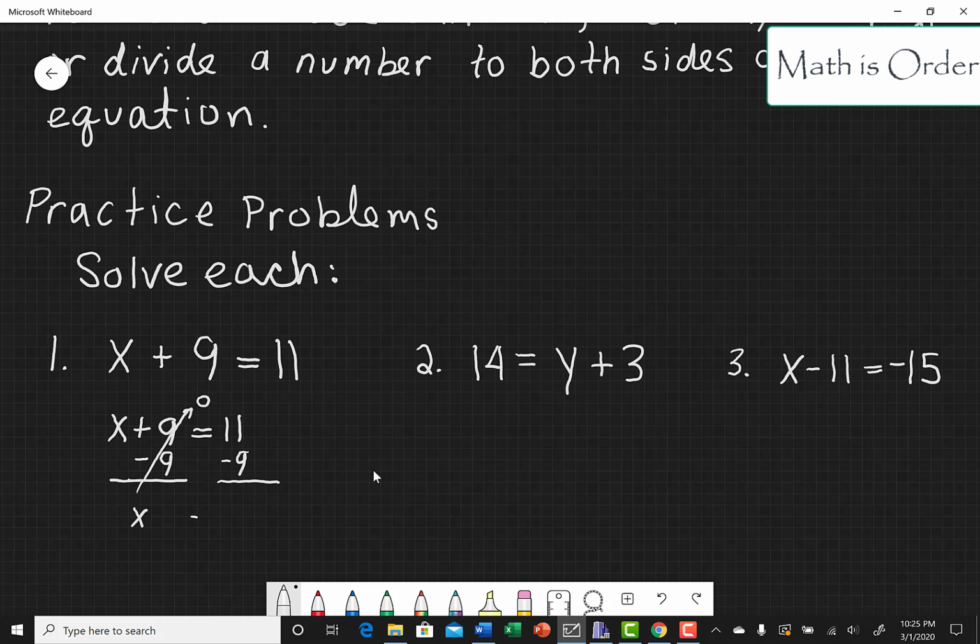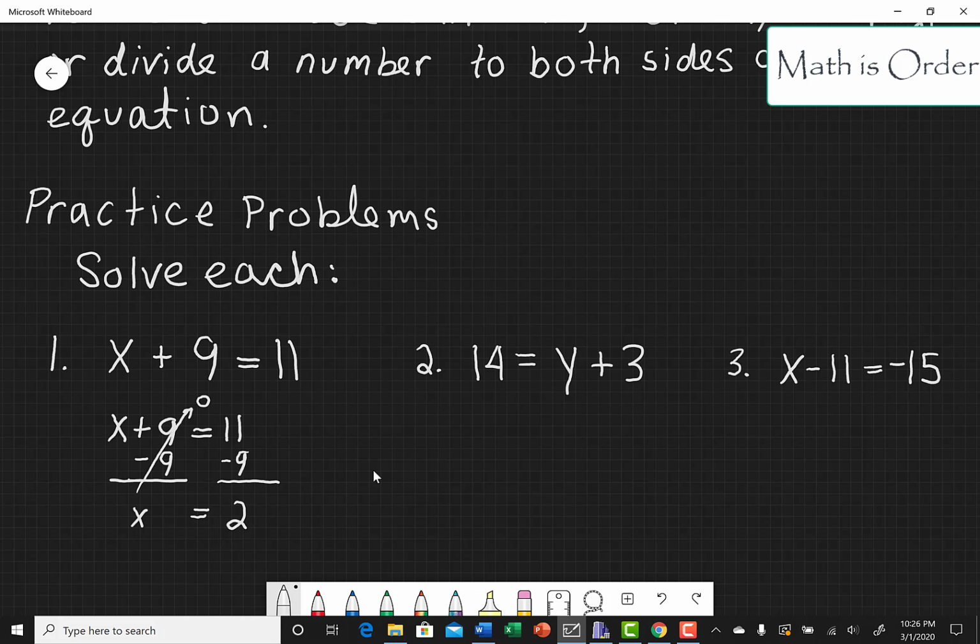Right? So I'm going to rewrite x, and then on the right-hand side, I do this operation here, which is 11 minus 9. 11 minus 9 is 2. And since we have the variable isolated on one side of the equal sign, we are done.